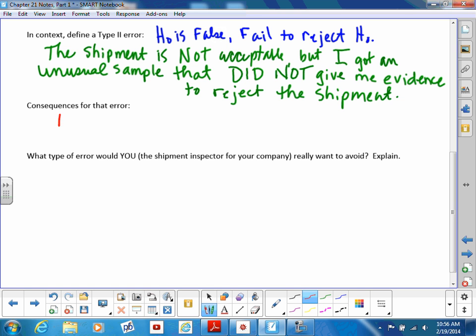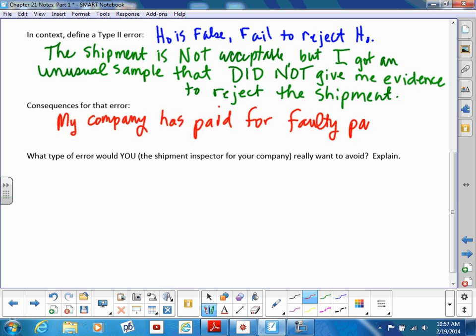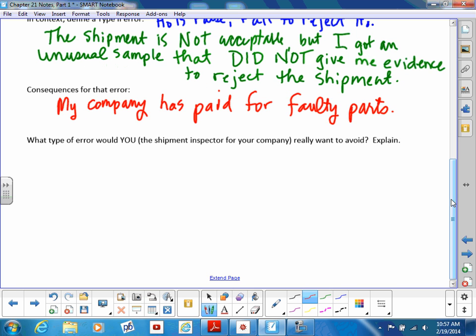Okay, so the consequence is that my company has paid for faulty parts. All right. Of course, that affects my money. So now, what type of error would you, the shipment inspector for your company, really want to avoid? Yeah, type 2. And it says explain, but I think that's actually redundant. It's kind of taken care of right there.